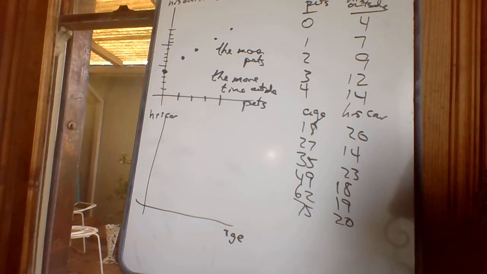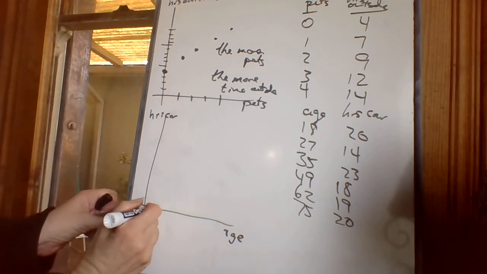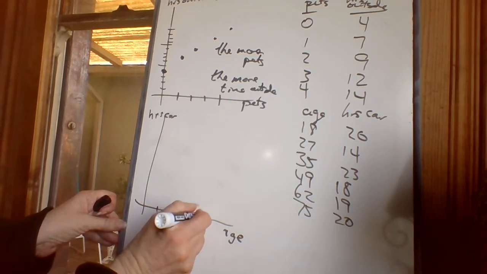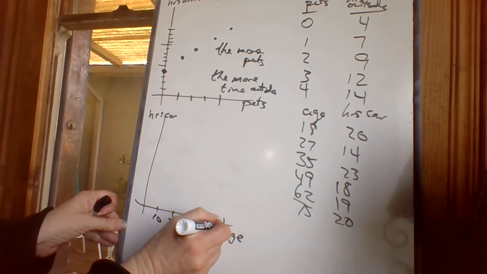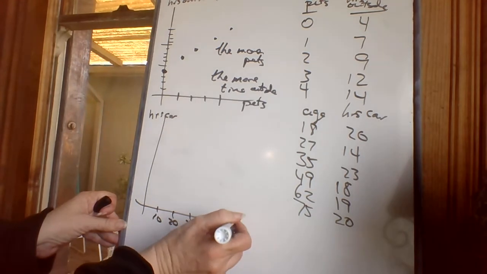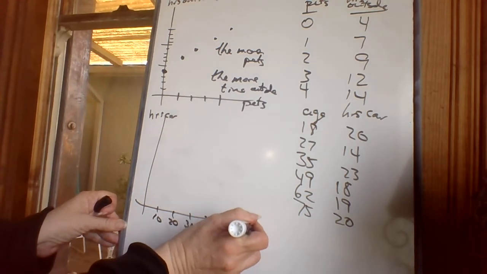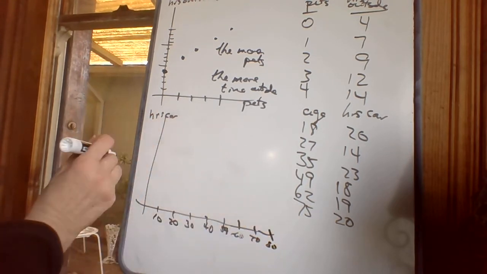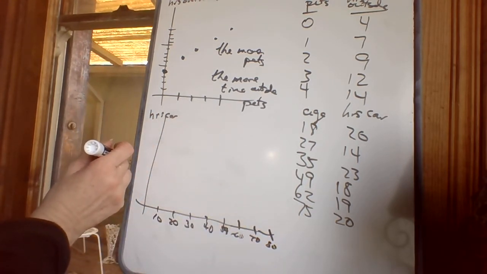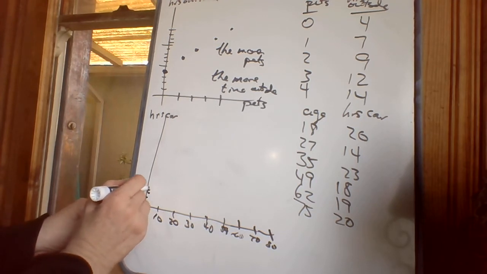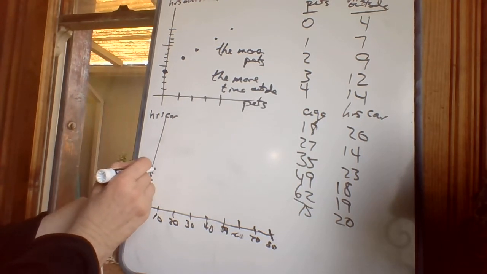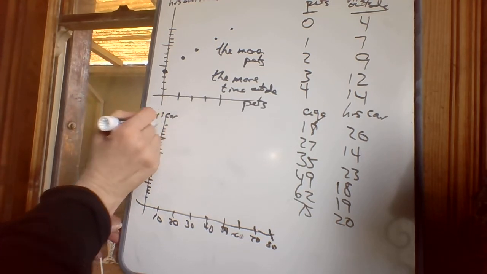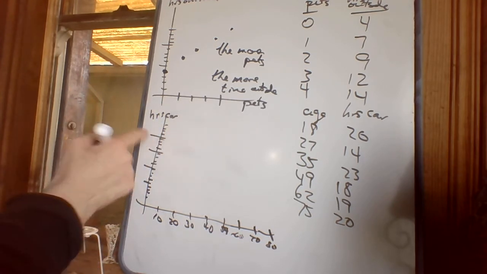All right, let's try this second one. Age. Let me mark this off: 10, 20, 30, 40, 50, 60, 70, 80. There I'll be able to squeeze all the ages on. The highest number there is 23. So that's 20 right there.